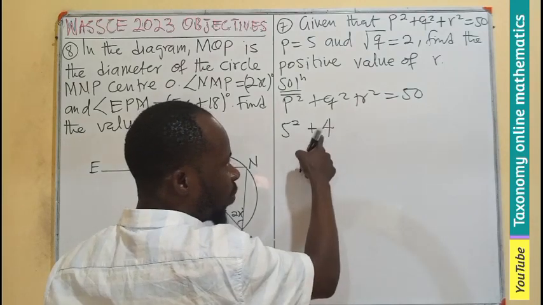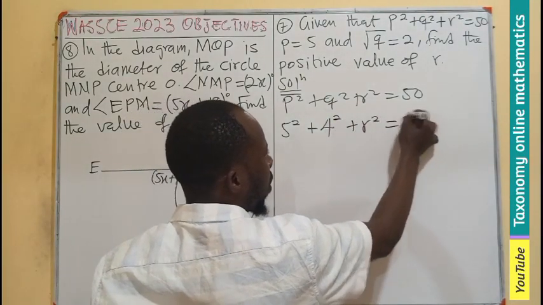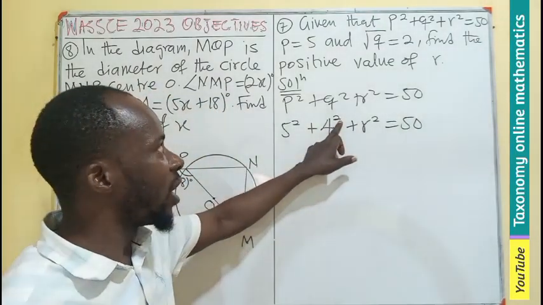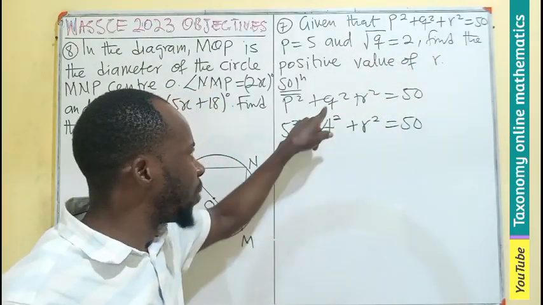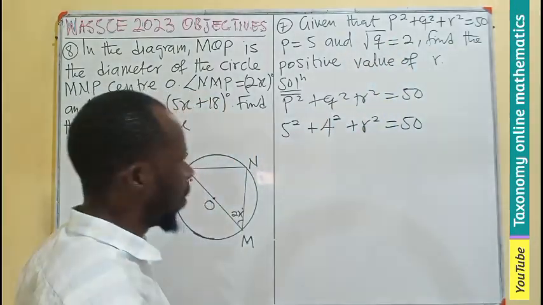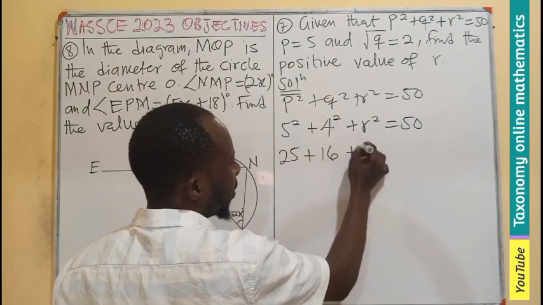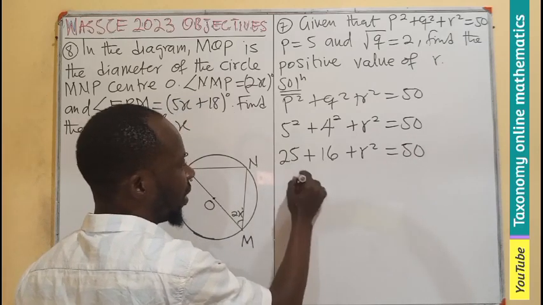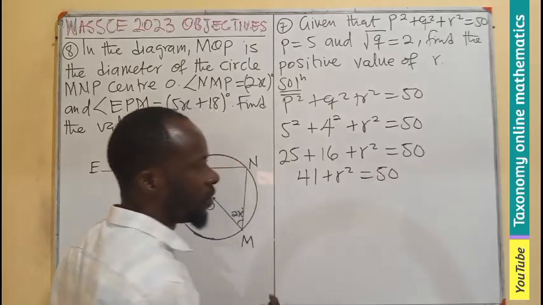So 4 will be in this place, but there is a square here, so plus r squared equals 50. Don't forget to bring the square, because the squaring of this is to make q alone to be represented here. So now I'll be having 25 plus 4 plus r squared equals 50, so 29 plus r squared equals 50.